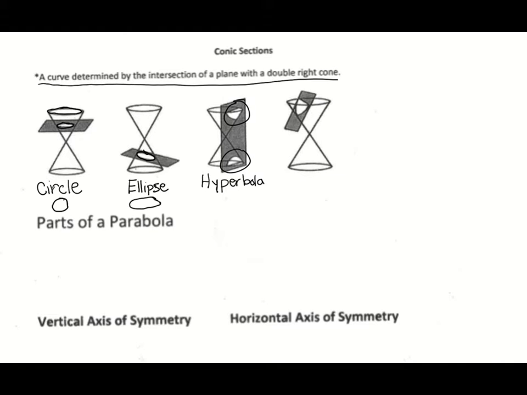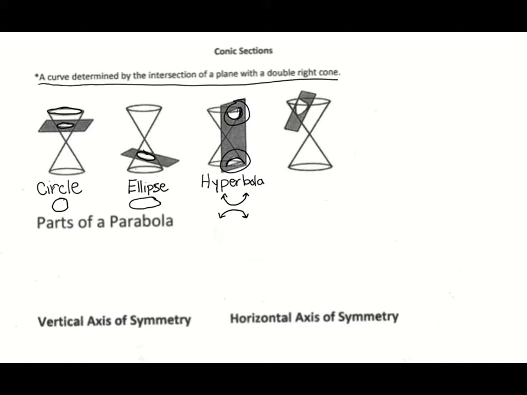It's cut in two places and it creates kind of a U shape. So if we look here, we've got a U shape up here and a U shape down here. So when we draw our hyperbola down below, it looks like this, where it cuts. We have an upwards U shape on top and a downwards U shape on the bottom. So we get two curves for a hyperbola.